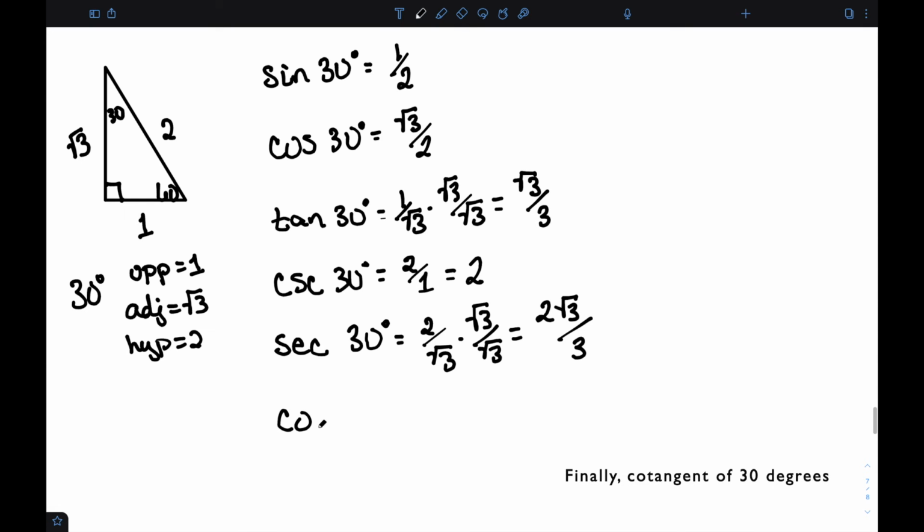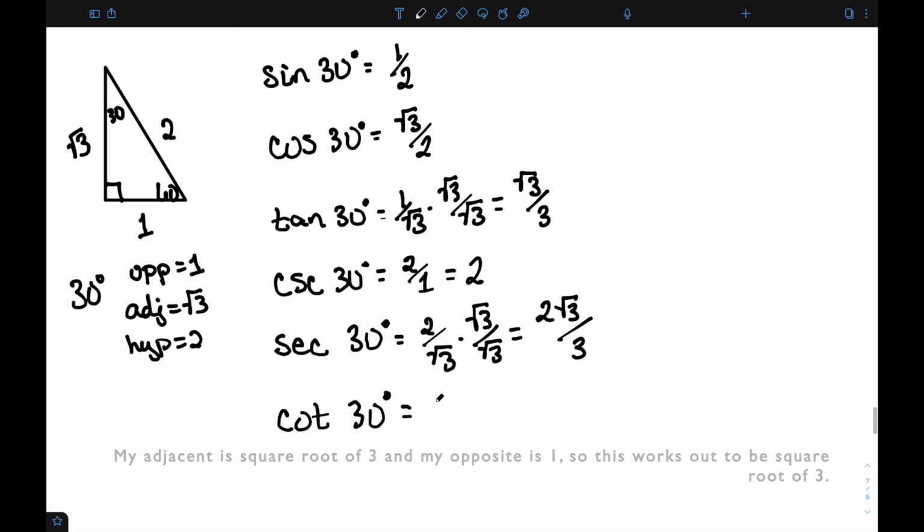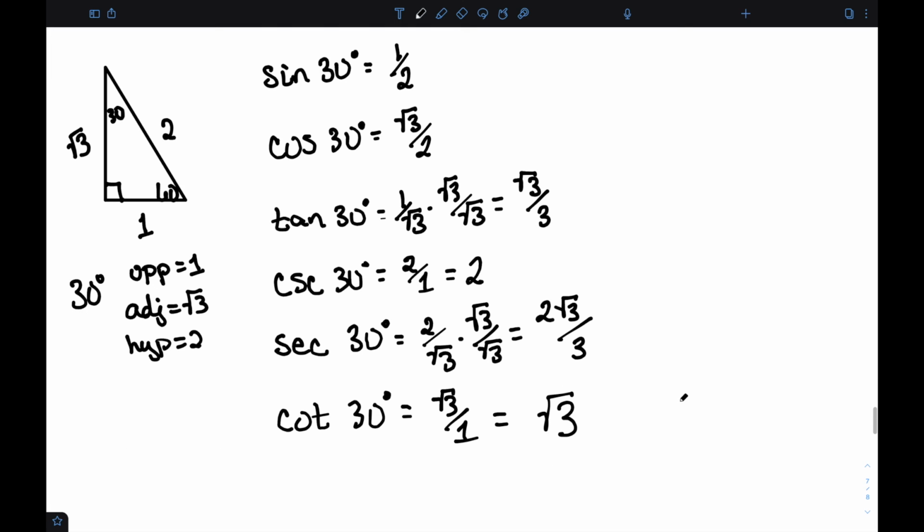And finally, cotangent of 30 degrees. Cotangent is adjacent over opposite. My adjacent is square root of 3 and my opposite is 1, so this works out to be the square root of 3. So now I have my 6 trig functions for 30 degrees.